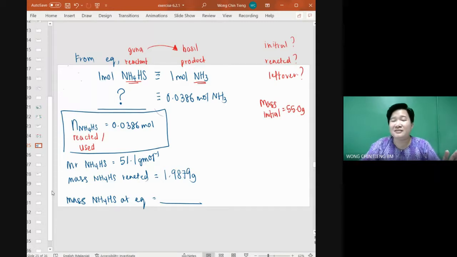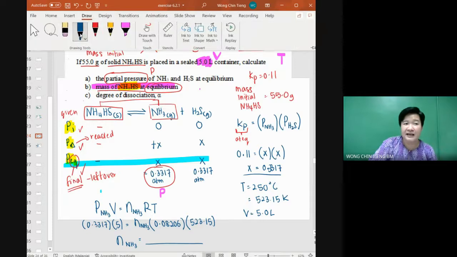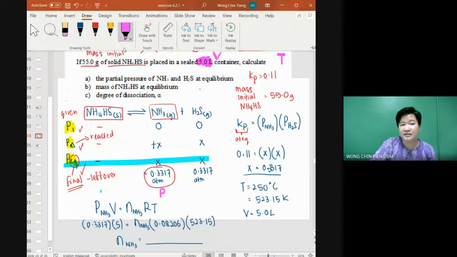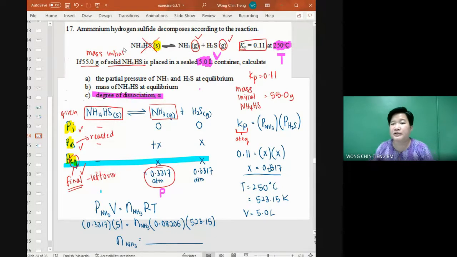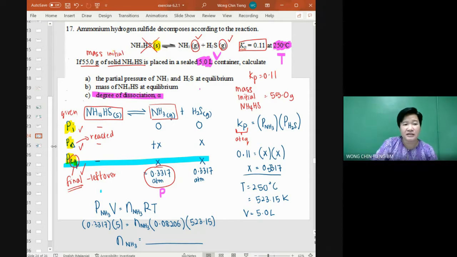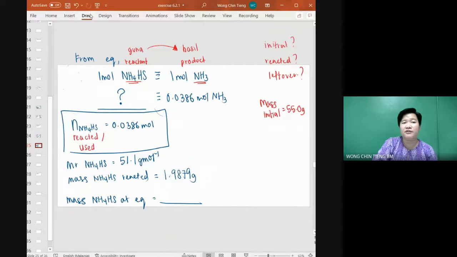The next question asking for degree of dissociation. And if we read the question again, like I said yesterday, if the question is asking for degree of dissociation, it will not tell you whose. Notice? Because like we said yesterday, degree of dissociation we can only calculate for our reactant.